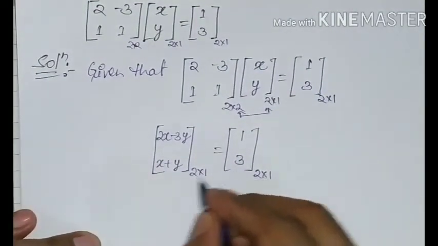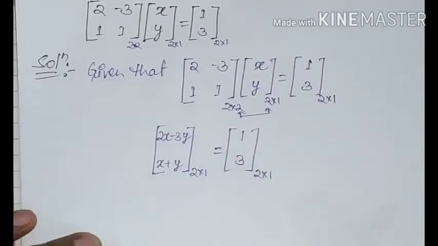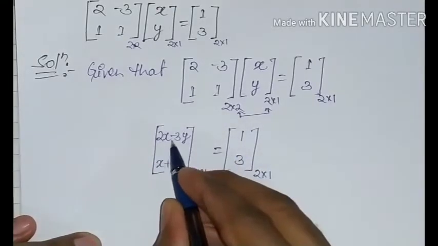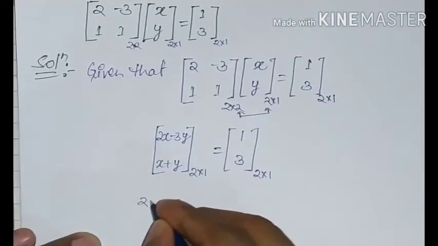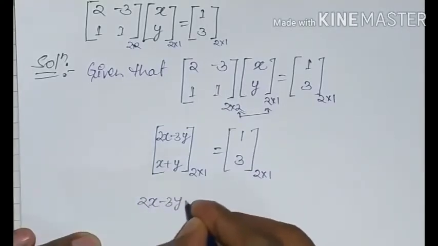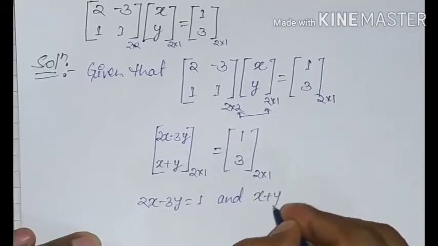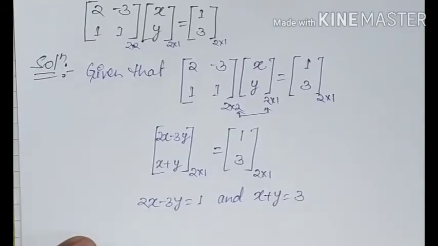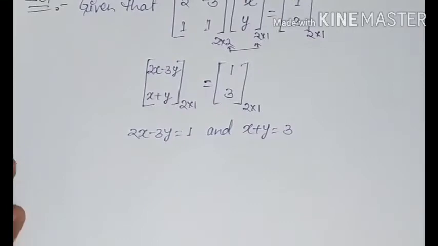Since their orders are the same and both are equal, their corresponding elements will be equal. Then 2x minus 3y equals 1 and x plus y equals 3. There are two equations. I am going to solve them for x and y.